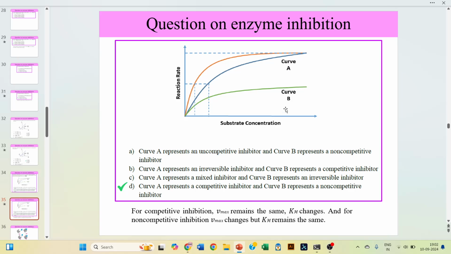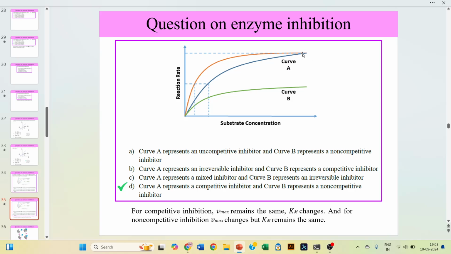It is D. See, A has to be a competitive inhibitor because we see that Km is increasing, but Vmax is unchanged. In case of B, we see that the Km is unchanged and Vmax is decreasing. That is the thing for a non-competitive inhibitor. But in case of an uncompetitive inhibitor, what would happen?